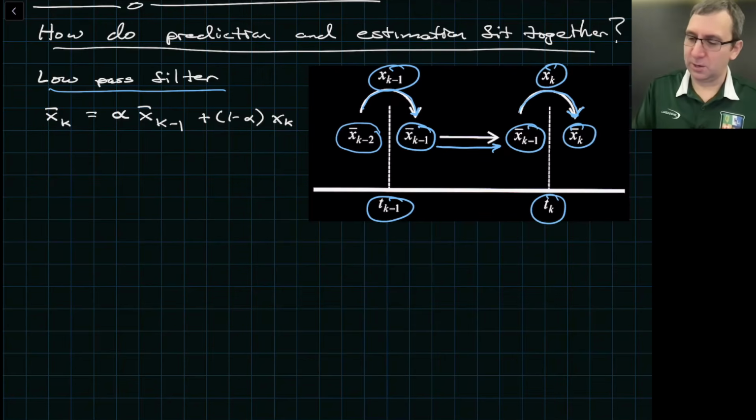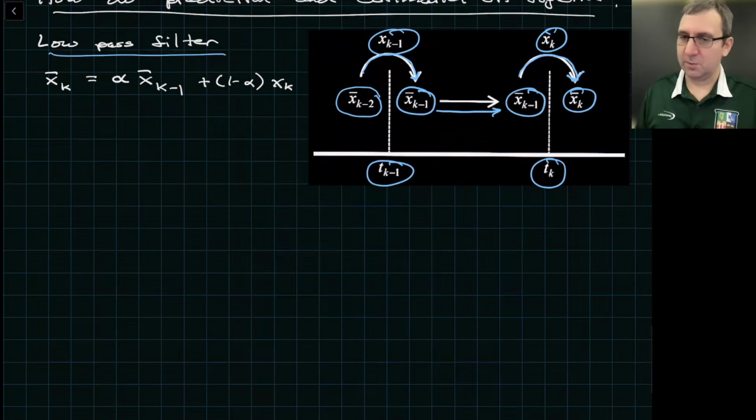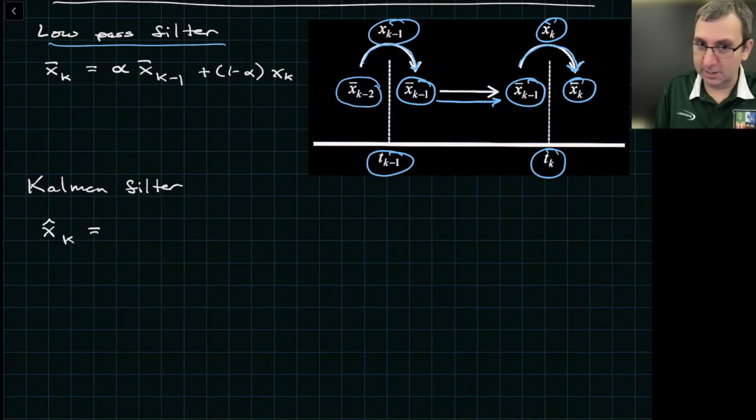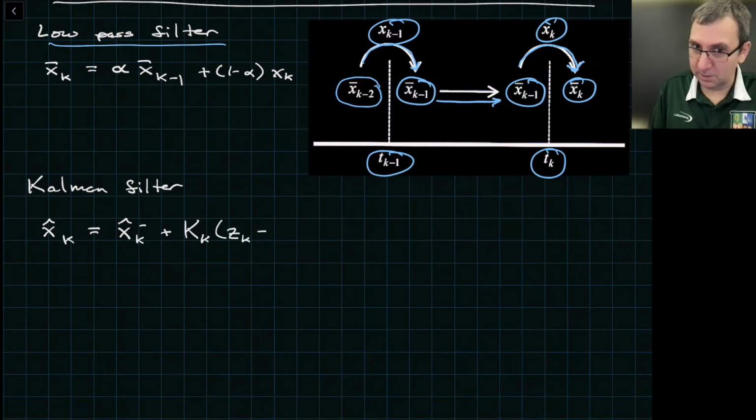We can compare this with the Kalman filter, and it's going to look a little bit different. So x bar_k, the best estimate, is x_k minus plus the Kalman gain times z_k, the measurement, minus H x_k minus.